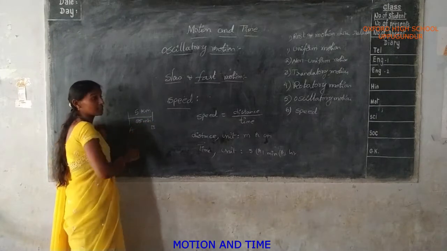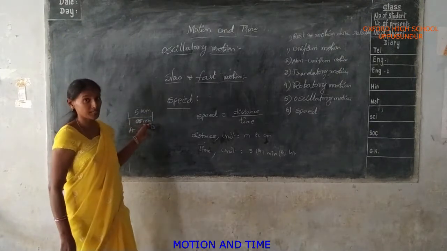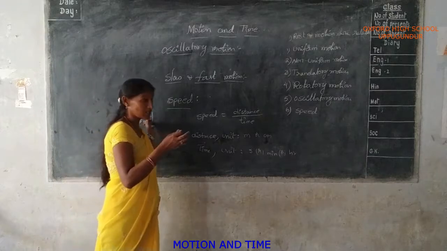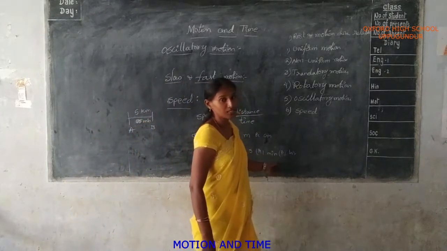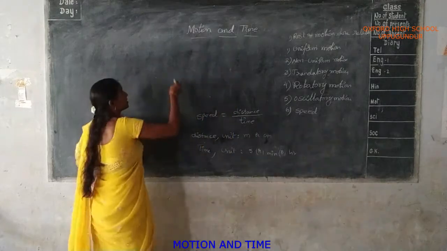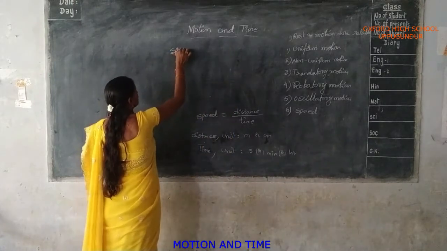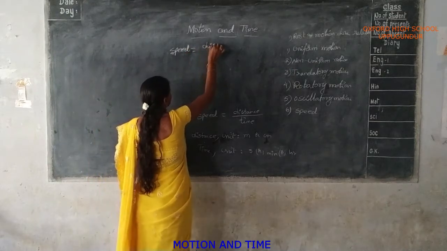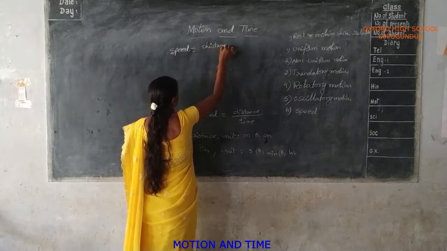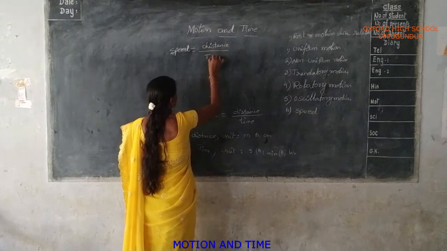For long distances you automatically take the higher units. Speed is equal to the formula distance by time.